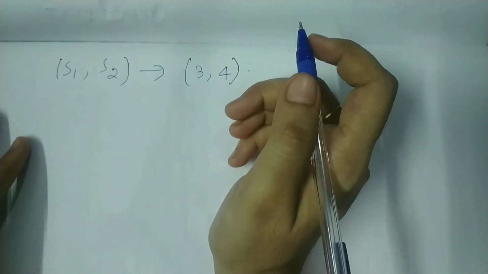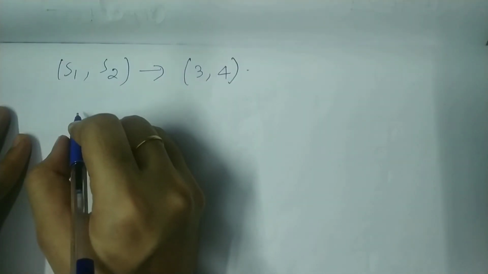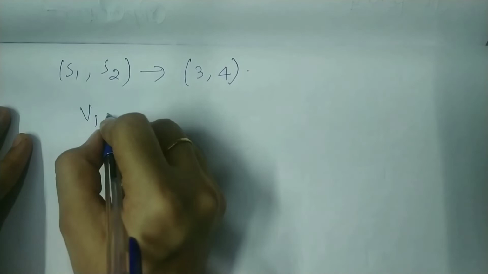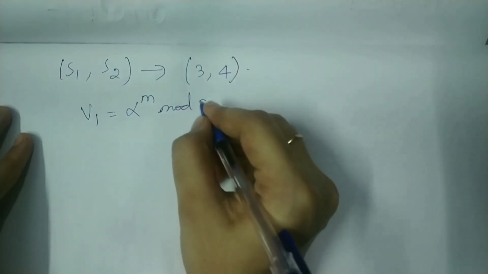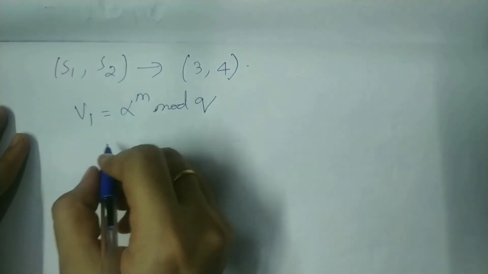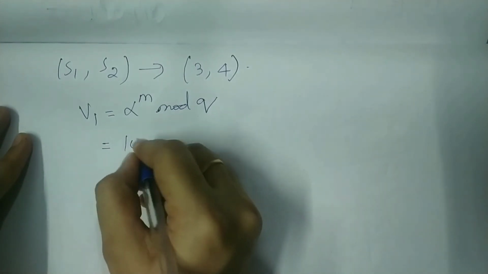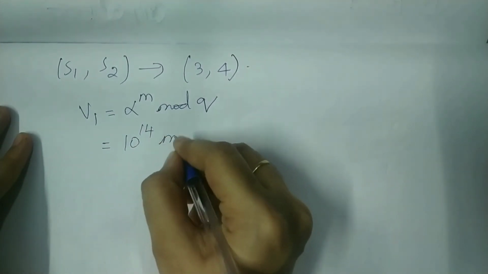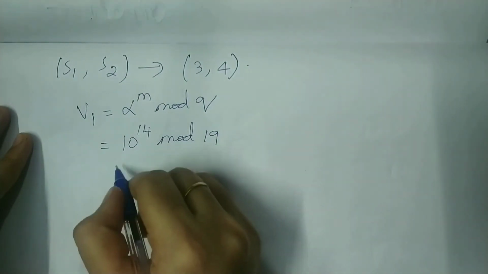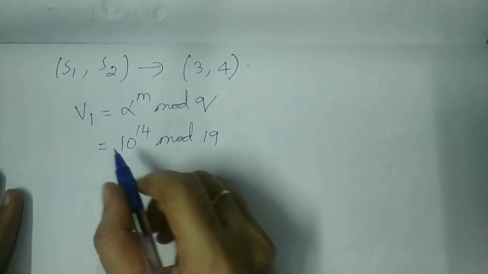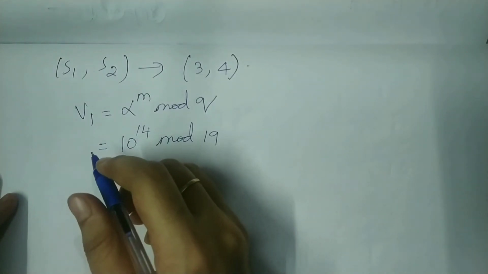Now, I need to verify whether the signature pair is valid or not. V1's formula is alpha to the power m mod Q, which is equal to 10 to the power 14 mod 19. I need to solve this and find V1's value.